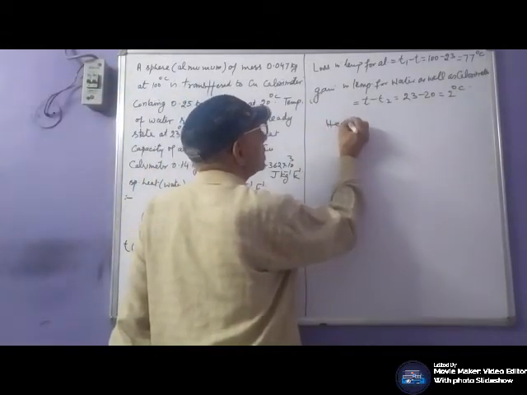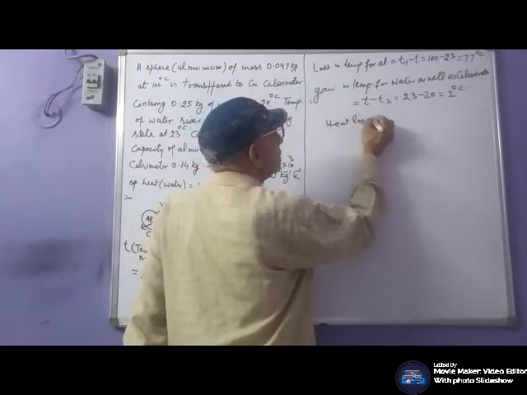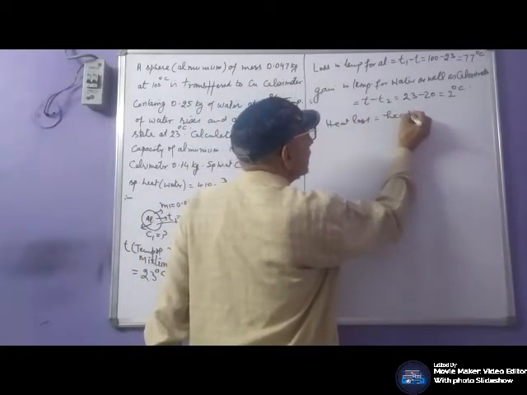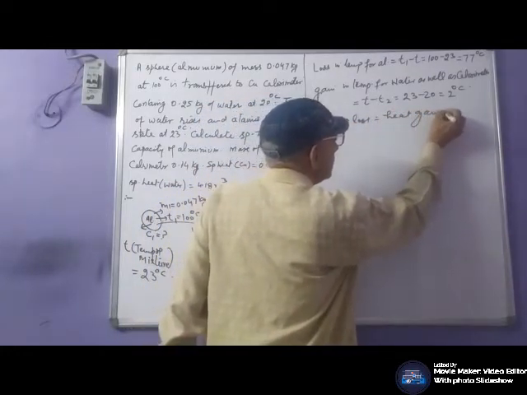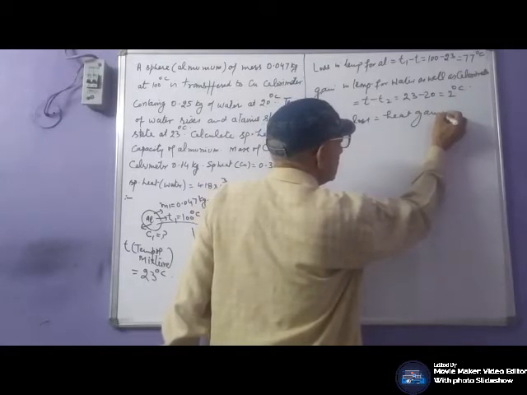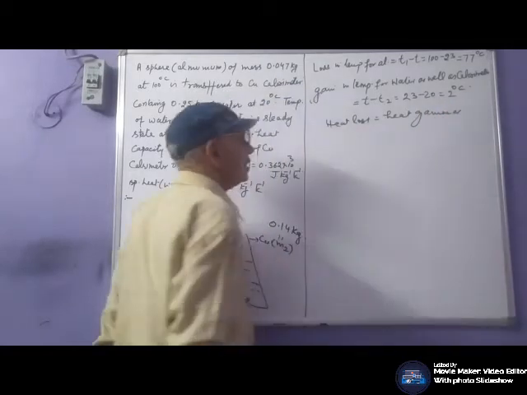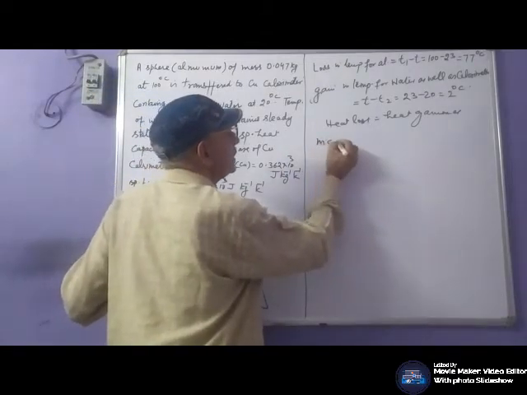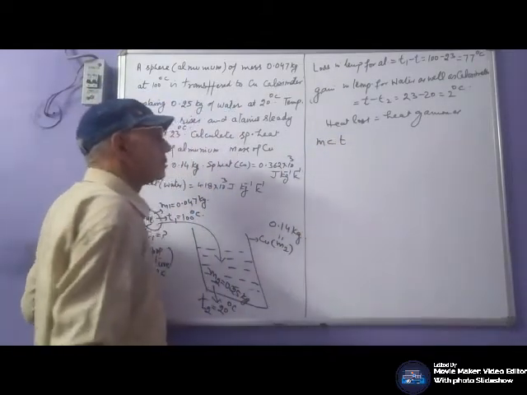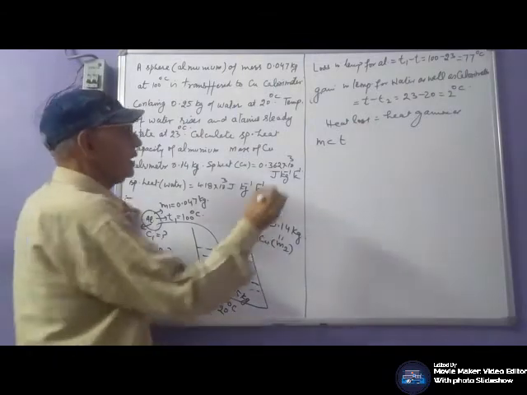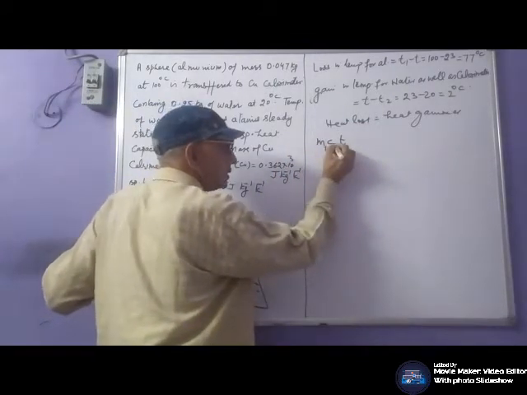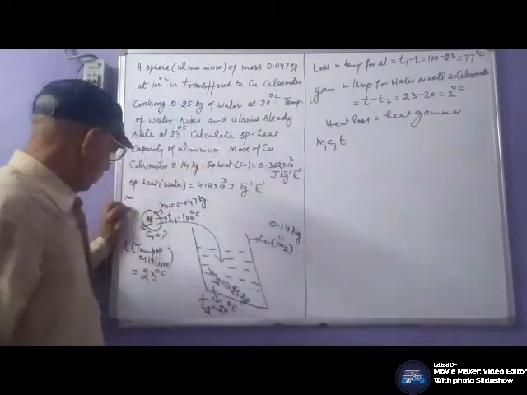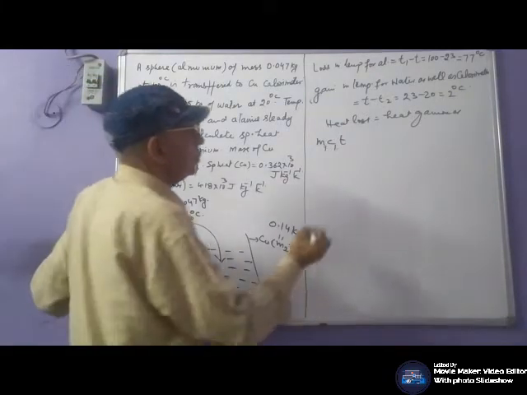Heat lost is equal to heat gained. Heat lost by aluminium, MCT. What is M here? M1. What is C? C1. What is T? Falling temperature.